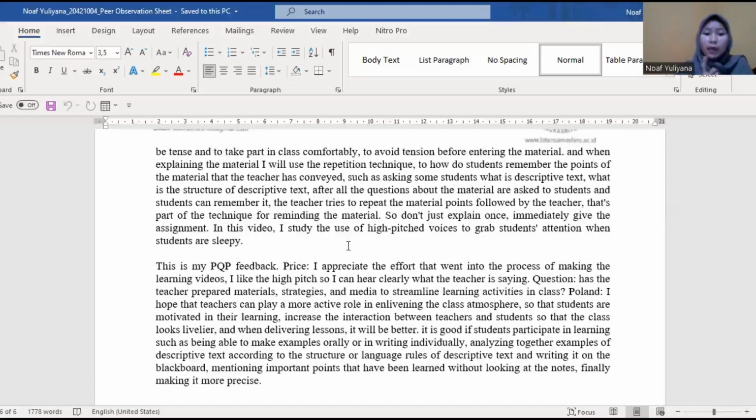Mentioning an important point that has been learned without looking at the notes. Finally, making it more precise.